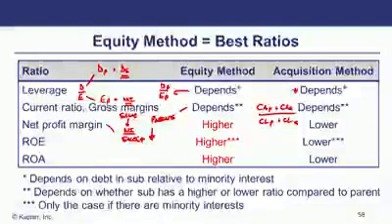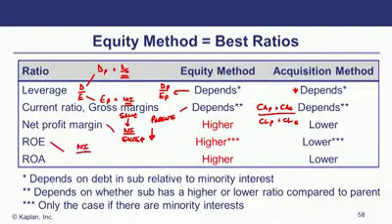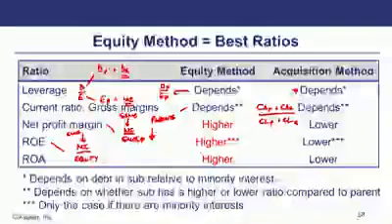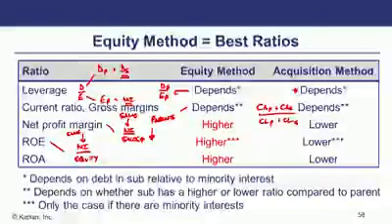What about return on equity? Now ROE, of course, is net income over equity. We've said already that net income is the same under both methods, so it's all about the equity here. What we should say, remember, is equity will be identical if you own 100% of the shares in the subsidiary. The only reason equity will differ between the two methods is when we have subsidiaries with minority interest.